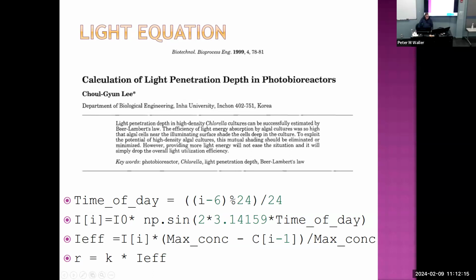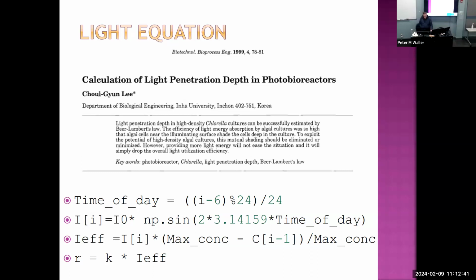And then we're going to adjust, instead of using the Beer-Lambert law for 100 layers, we're going to make it a little simpler for this class. So we're going to adjust our light intensity, and we're going to get the average light intensity for the culture. That's going to be some function of the light at the surface and how much is being absorbed.